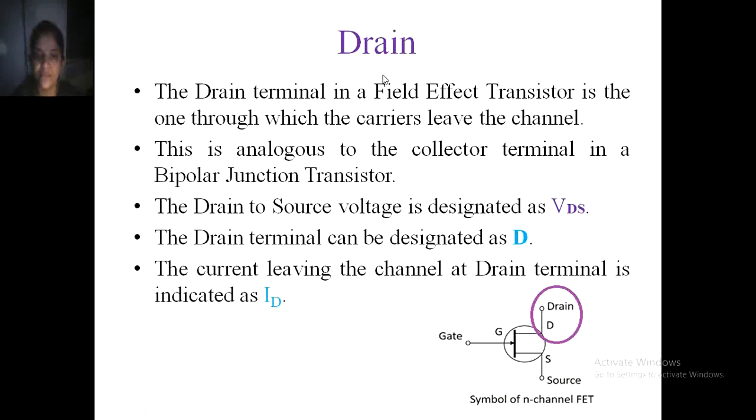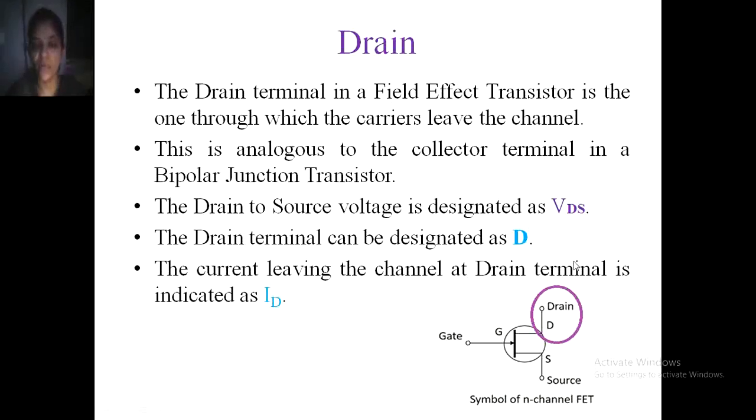Then the drain. The drain terminal in a field effect transistor is the one through which the carrier leaves the channel. So through the source, the carriers enter the channel, but through the drain, they leave the channel. This is analogous to the collector terminal in a bipolar junction transistor.